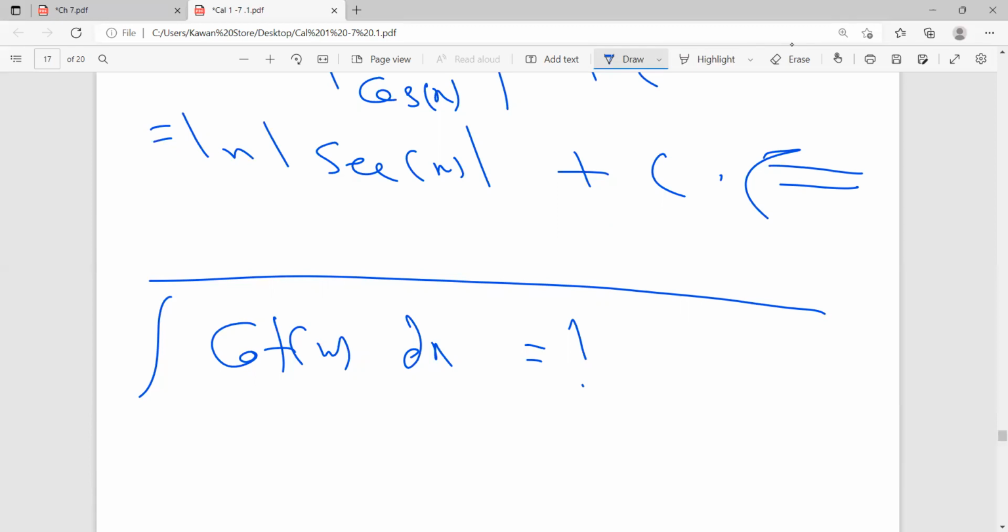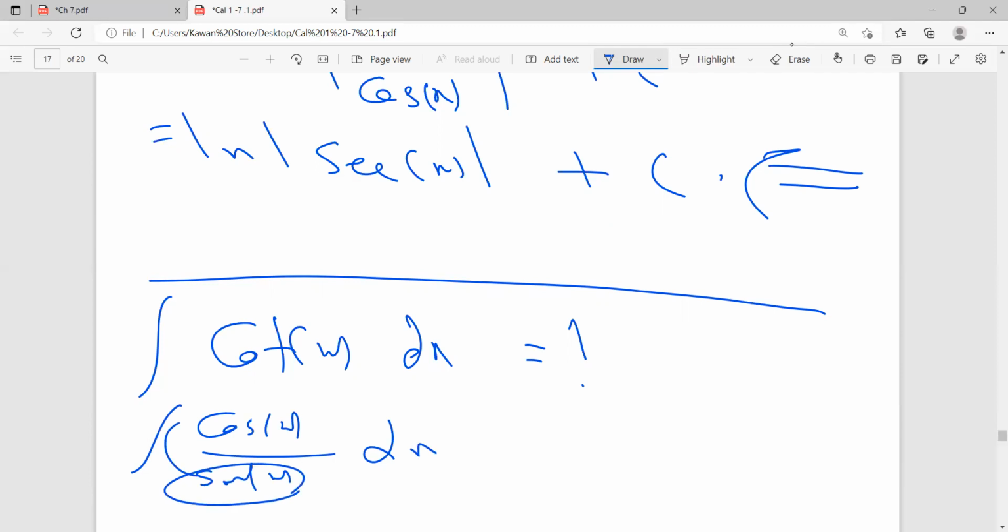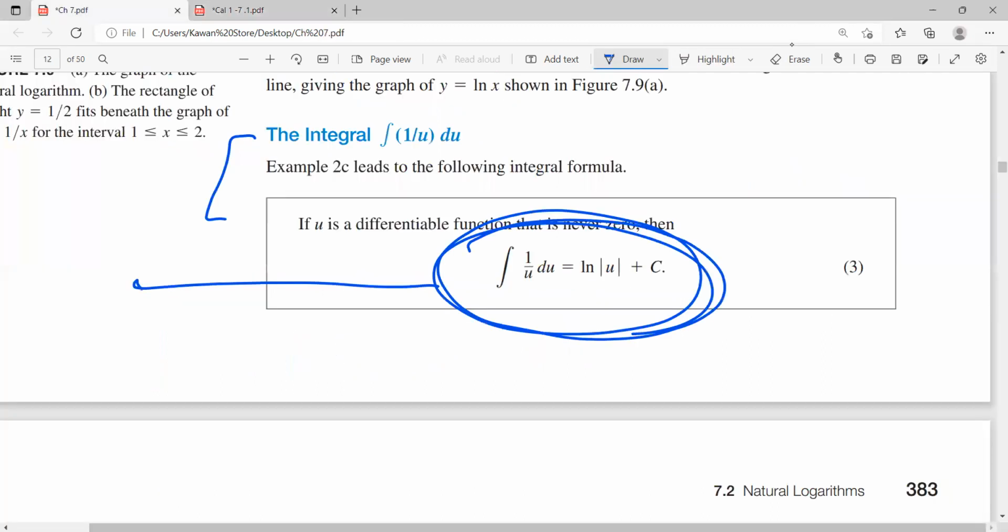So I'm going to write down cotan is equal to cosine over sine. Am I right? The derivative of sine is cosine. So I directly get ln of sine of x plus c. Easy. Because you saw the tan, cotan is easy for you. Any question?